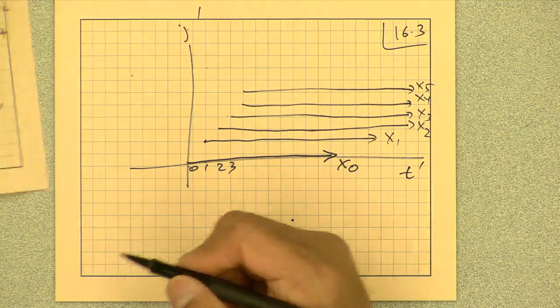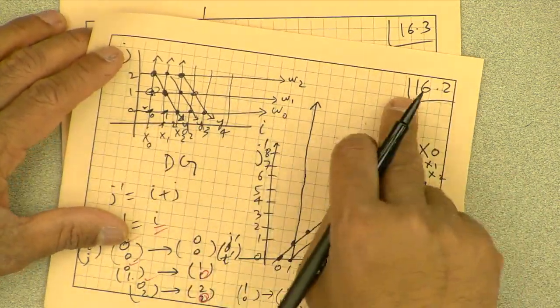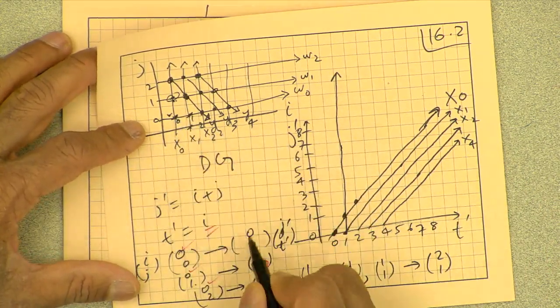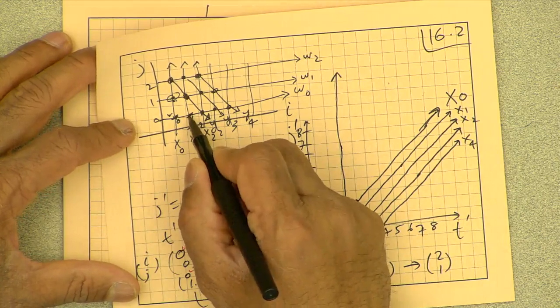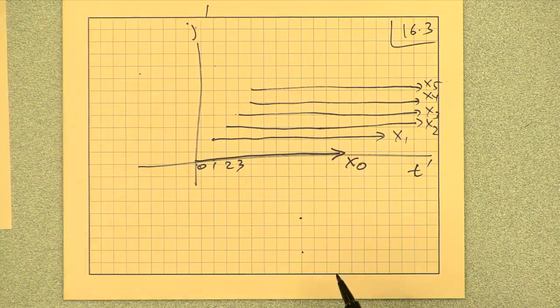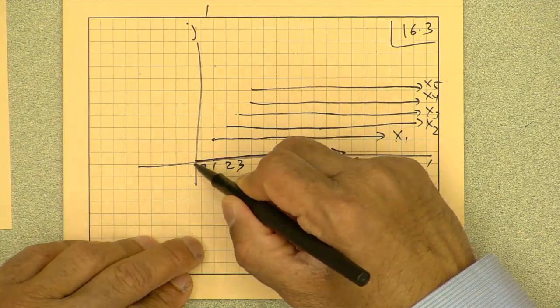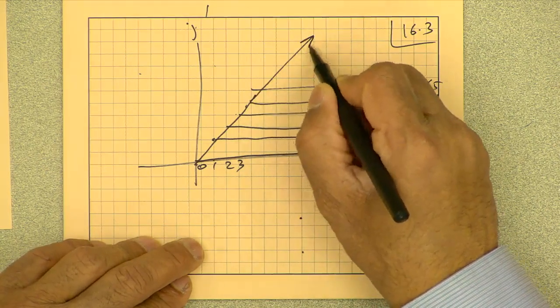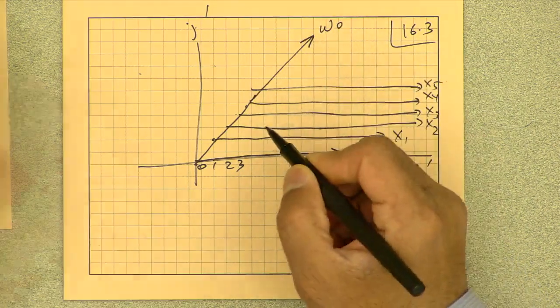The weights, which were going to the right, now are going up. W line. If we take W0, 0, 0 is 0, 0. 1, 0 is 1, 1. So that's W0.